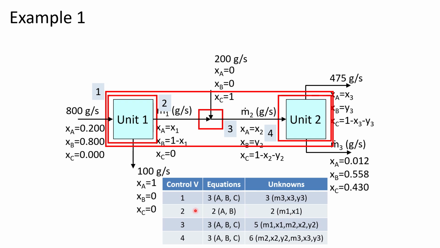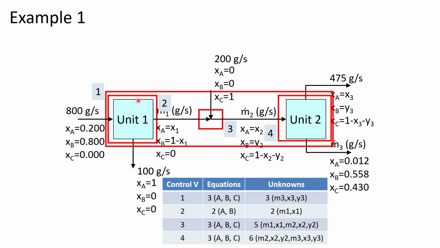Next, let's look at control volume 2, which is the control volume around Unit 1. To determine the number of equations, let's go around this control volume and look at each of the streams that cross its boundaries and determine how many components are in those streams. In the first stream entering the control volume around Unit 1, the feed to Unit 1, there are 2 components, A and B. This product from Unit 1 has 2 components, A and B. And the bottom product from Unit 1 has 1 component, A. Counting the unique components, we only have 2.